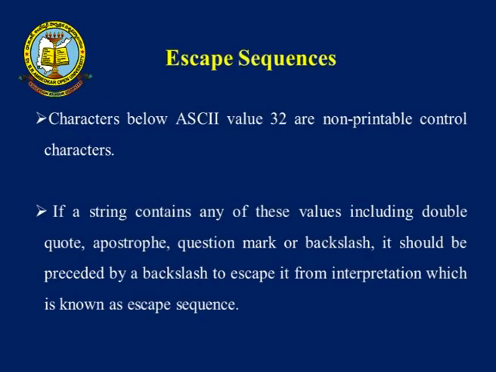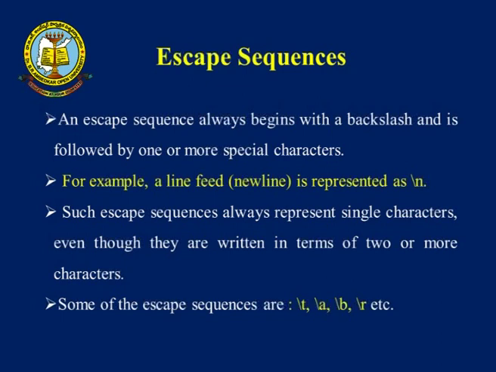If a string contains any of these values, including double quotes, apostrophe, question mark or backslash, it should be preceded by a backslash to escape it from the representation, which is known as an escape sequence. An escape sequence always begins with a backslash and is followed by one or more special characters.